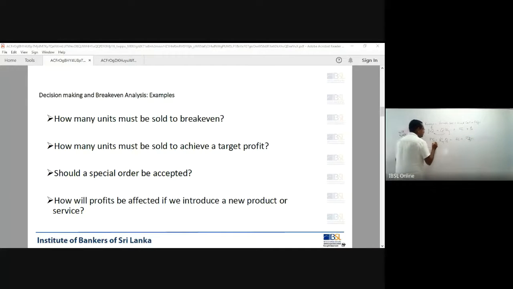So this is in both items. So you can take out the quantity: quantity into price minus variable cost per unit equals fixed cost plus profit.